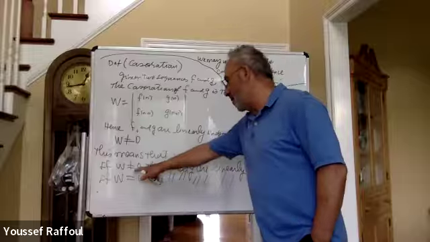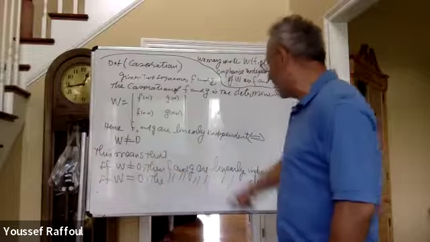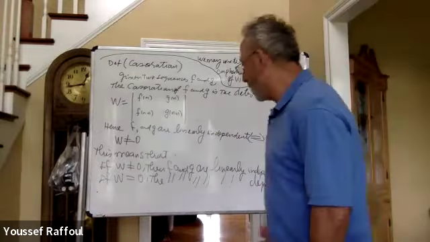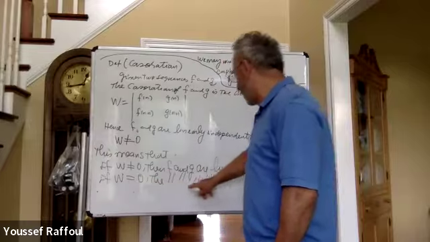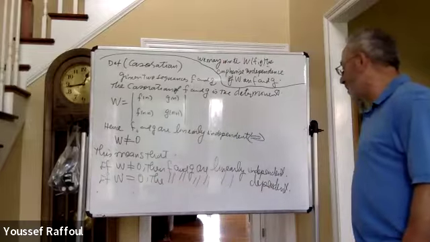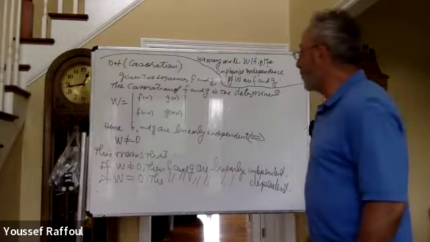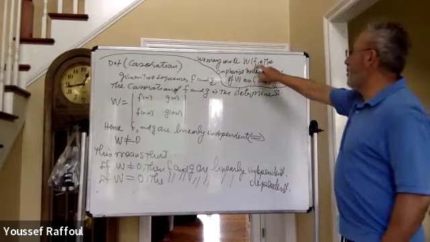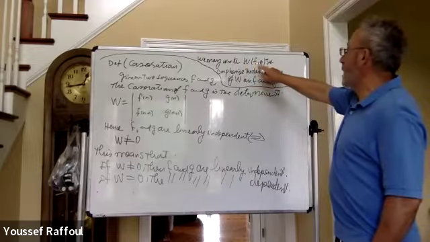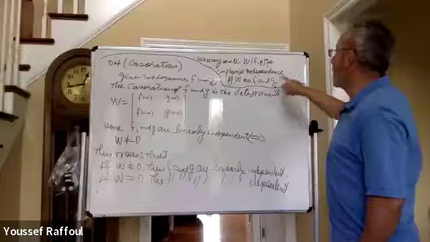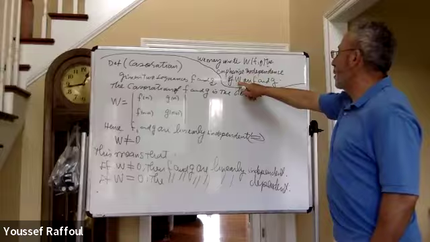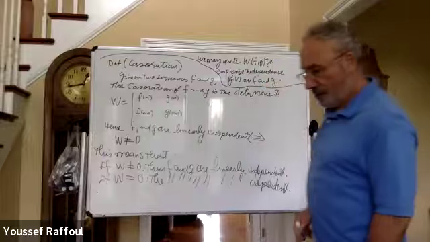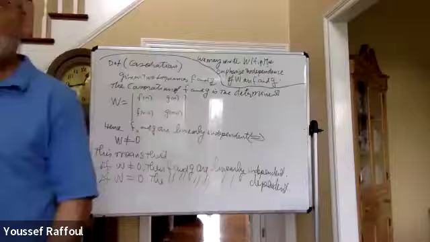This means that if the determinant is non-zero, then f and g are linearly independent, and if the determinant is 0, then f and g are linearly dependent. We may write W(f, g) to emphasize the dependence of W on f and g, because they depend on these functions.